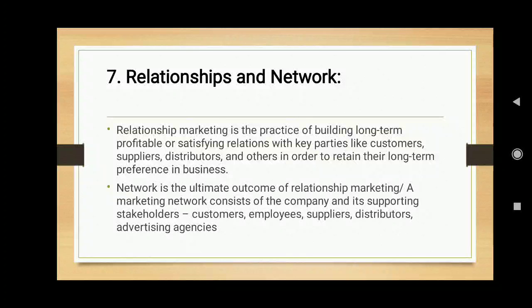To sell my washing powder in Sirsi, it has to come through many channels, in the sense of distributors, retailers, and many in between. So relationship marketing is the practice of building relationships among various stakeholders of a company or product.